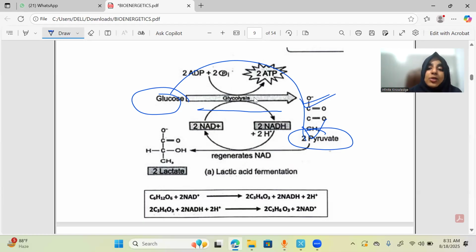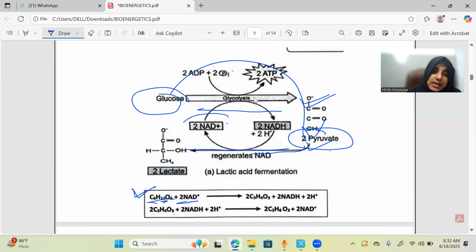So after pyruvate is formed, this pyruvate is converted into lactate. And how is it converted into lactate? This is the first equation in which we have glucose and NAD.